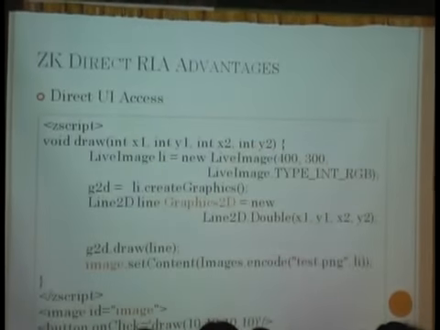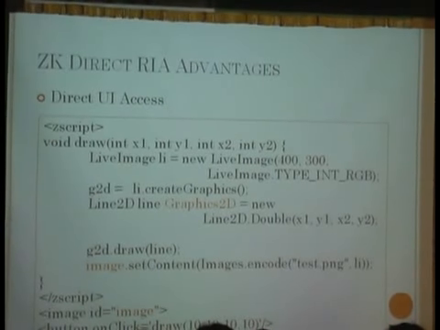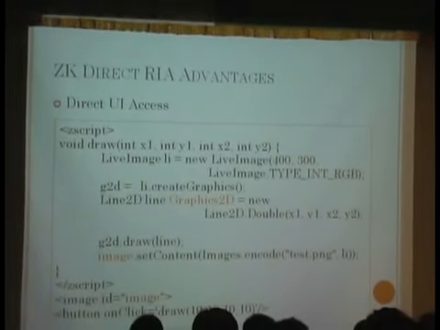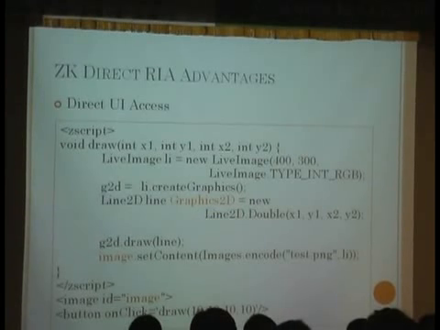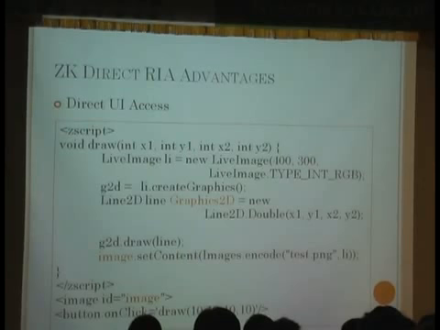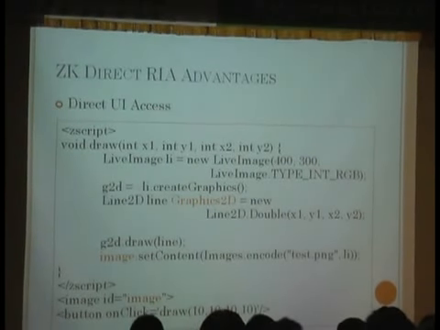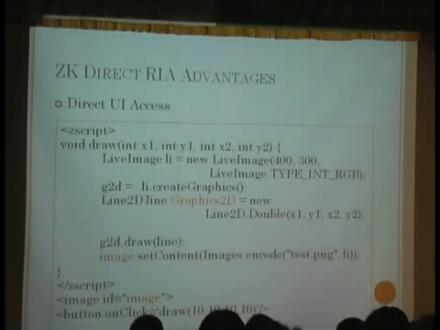So, let's have a look at the benefits of the direct RIA architecture. Direct RIA, UI access. On the screen, we create a 2D image. The 2D image is created and then put instantly into your UI content. That's it. There's no communication. It's all done instantly for you.